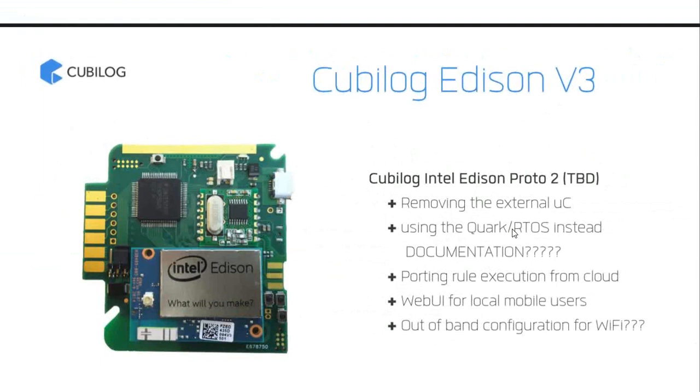And we know that Intel Edison will be a chip which will be there in 2 years from now, maybe in a different version, but it will be there. And also, we know that Intel is capable of delivering this chip for hundreds of millions of devices.